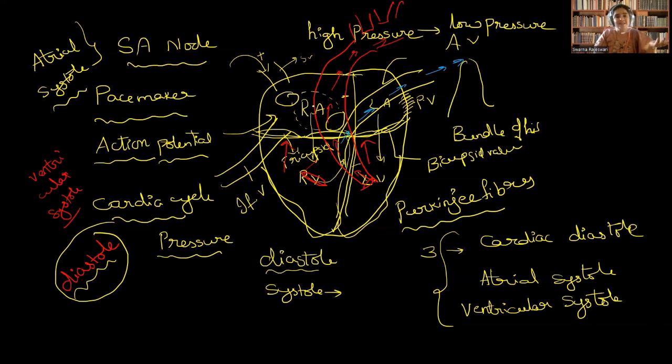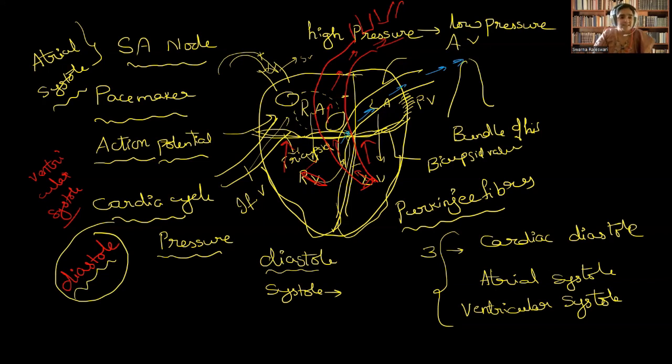When all the chambers are in the relaxed state, again the same cycle repeats. The impure blood will be passed into the right auricle, and the pure blood will be passed into the left auricle. So again the same cycle repeats. This sequence of events which occur in the heart, we call the cardiac cycle.